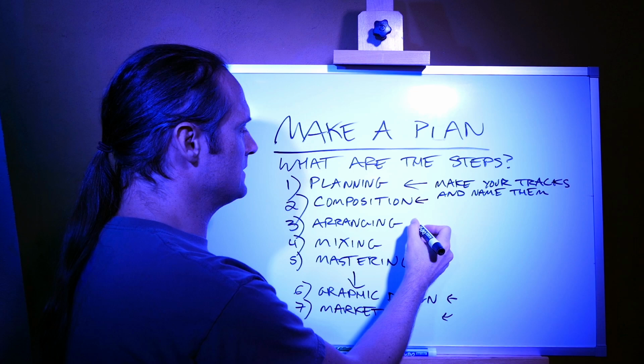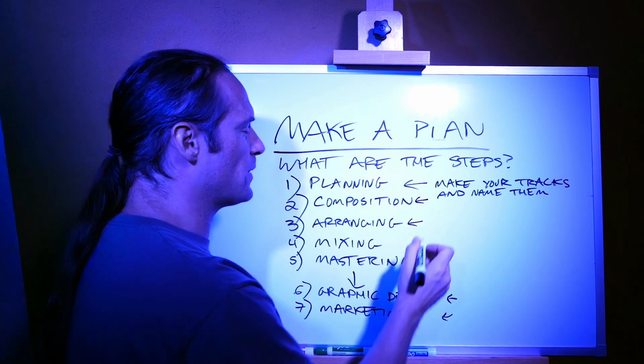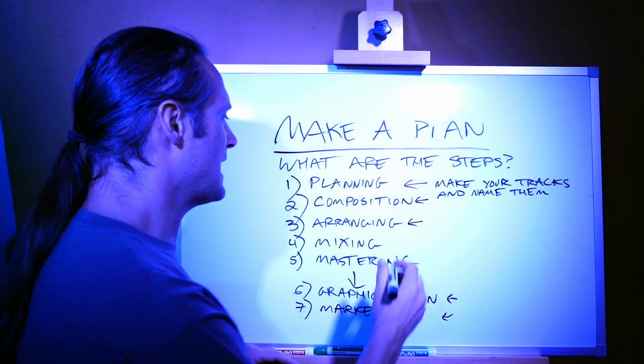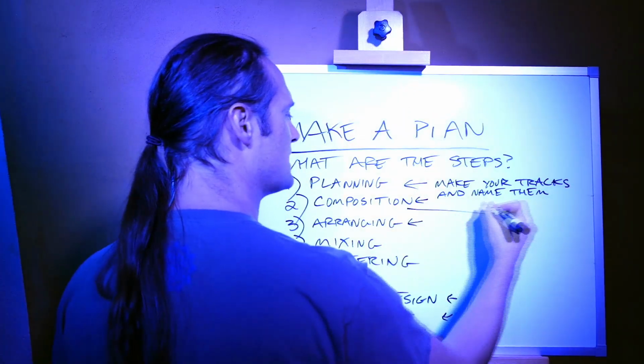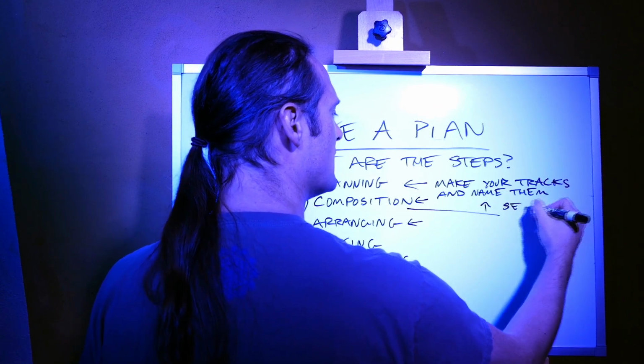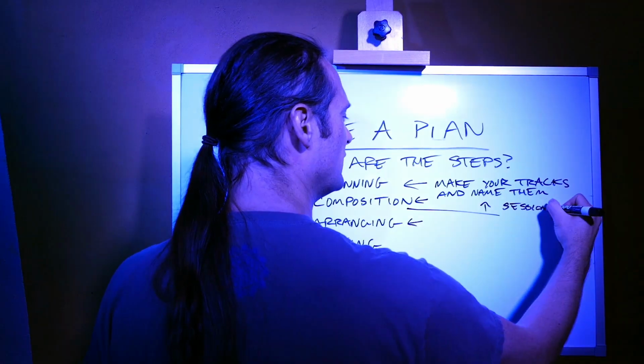So arranging is more what happens when you've got all your parts, but now it's time to actually start to build the song. In Ableton Live, I would say that all of this stuff up from here is all best done in the session view.